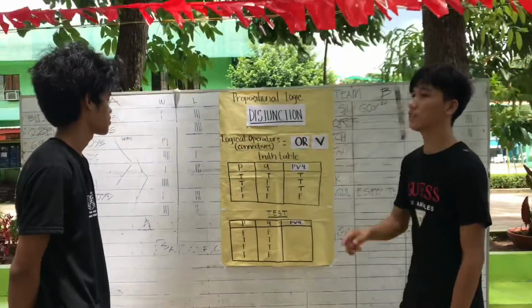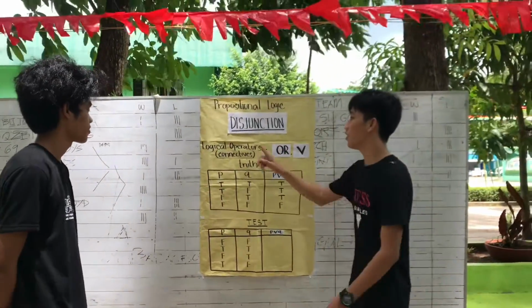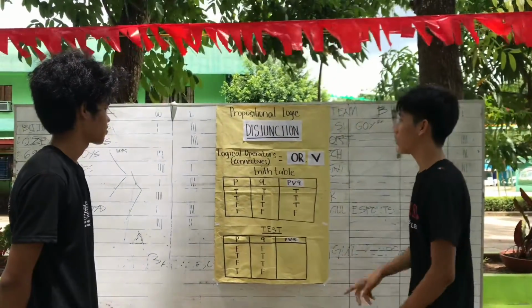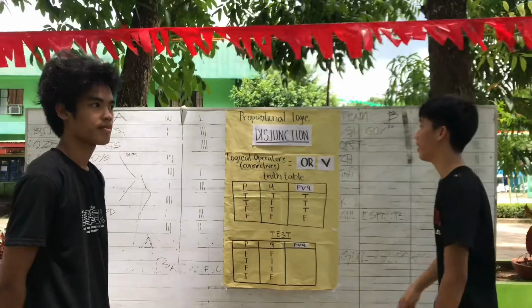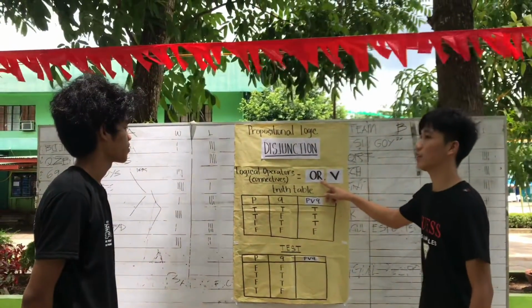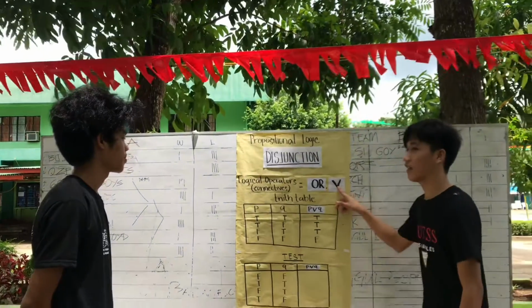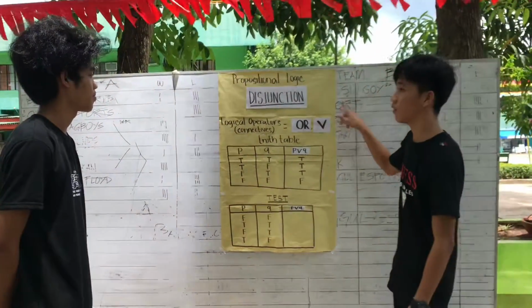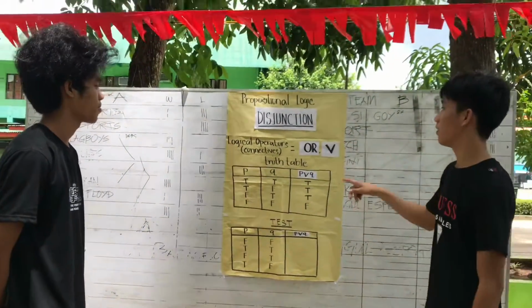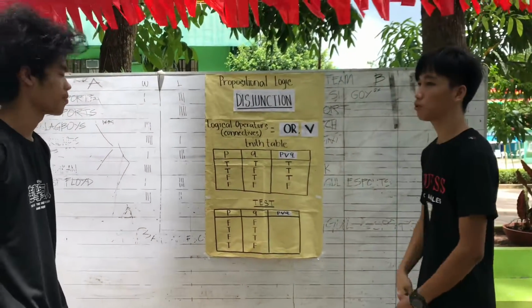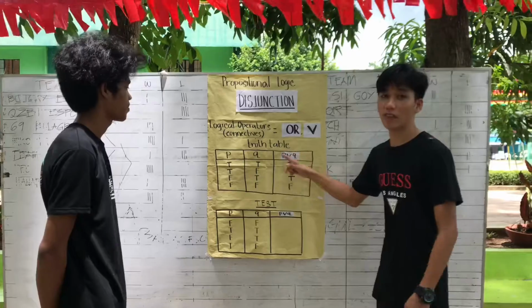But first, we should discuss the logical operators or connectives. The connective of disjunction is "or" if we are solving word problems, and this sign, which looks like a downward arrow, is the symbol of disjunction.